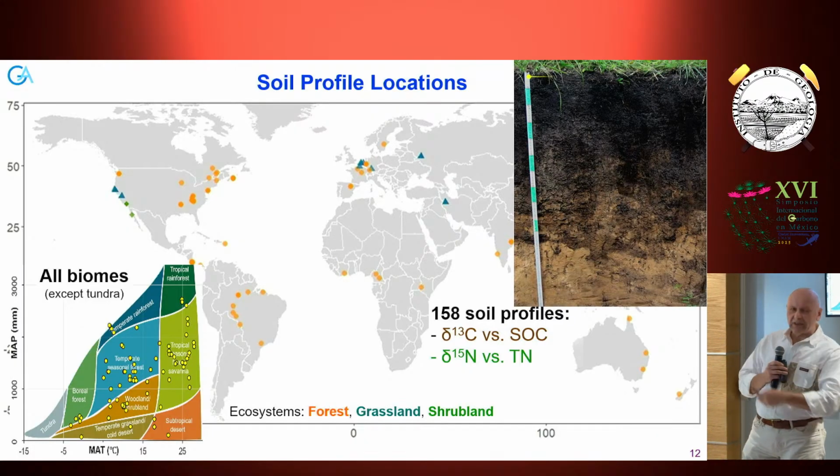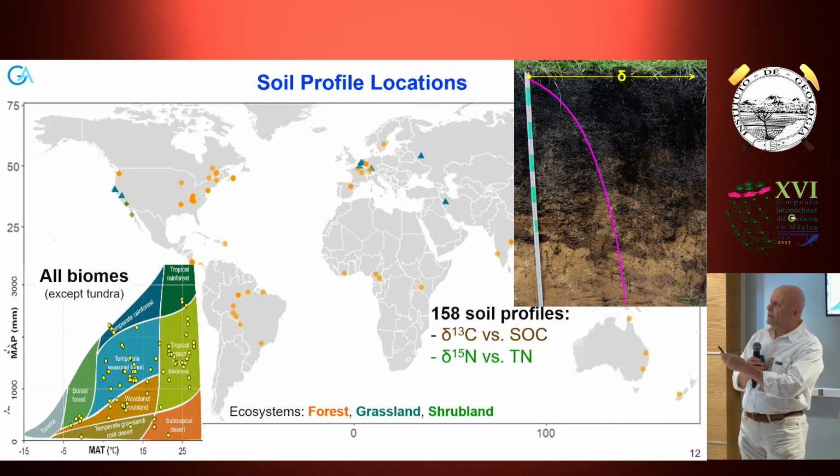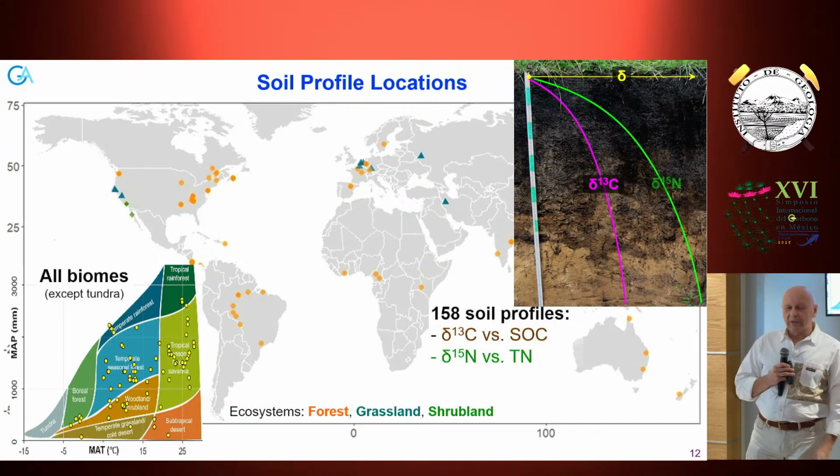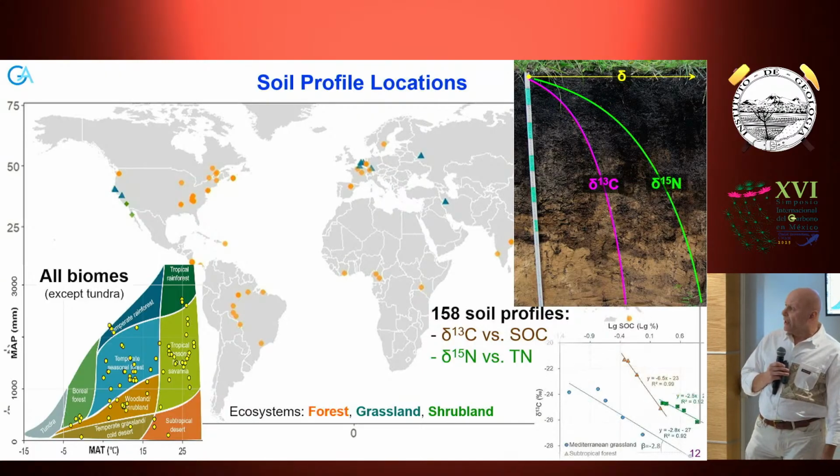It means we had such soil profiles in which with the depths it was presented isotopic composition of carbon and isotopic composition of nitrogen. And these are exactly the same pictures which I presented you before. From these lines, we calculated this inclination.